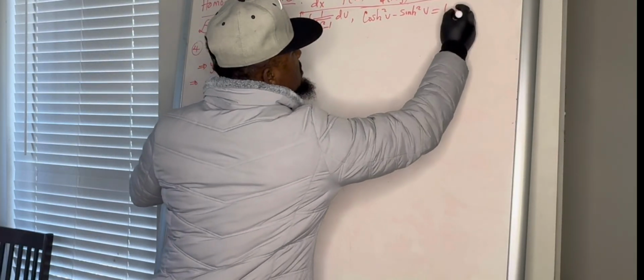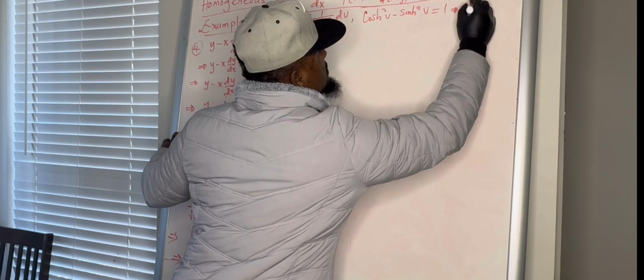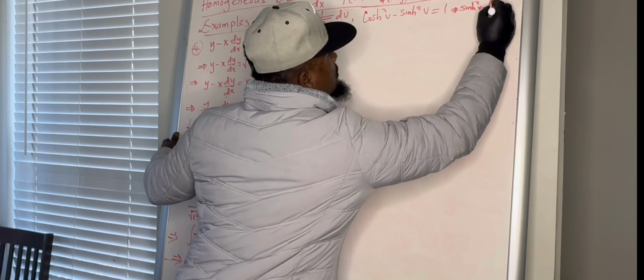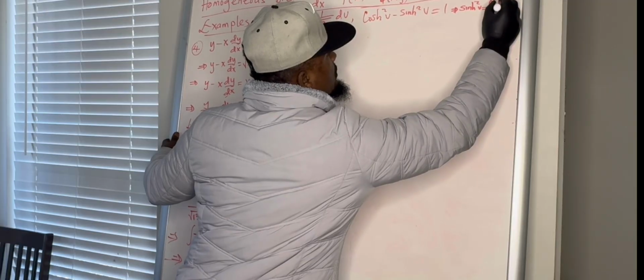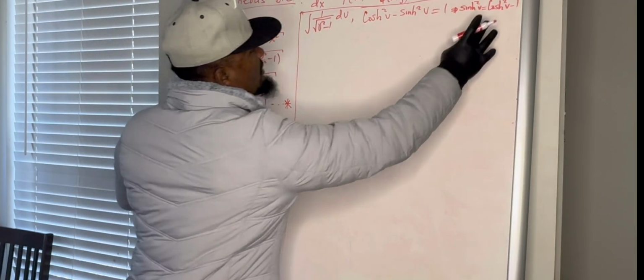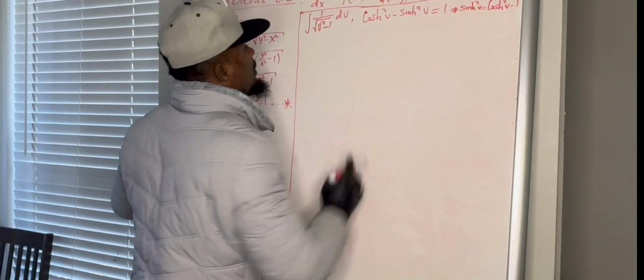So, of course, this implies that sinh squared v is equal to cosh squared v minus 1. So, I can have cosh squared v minus 1.